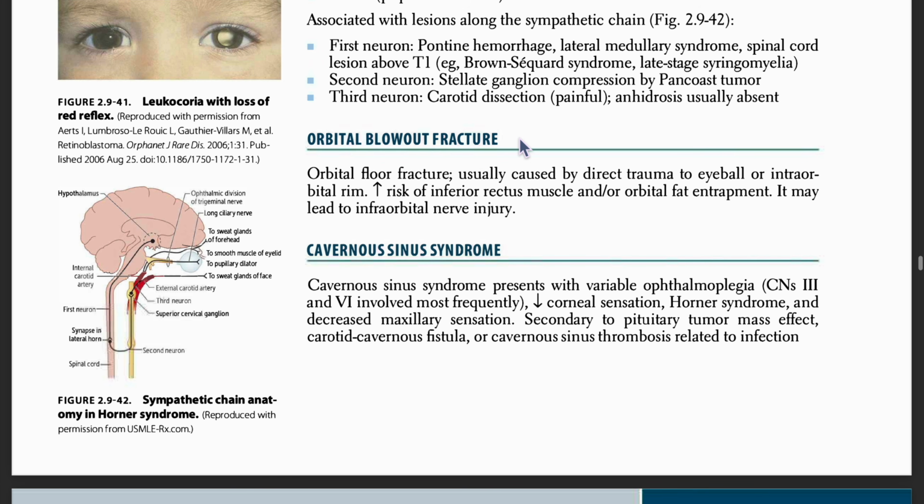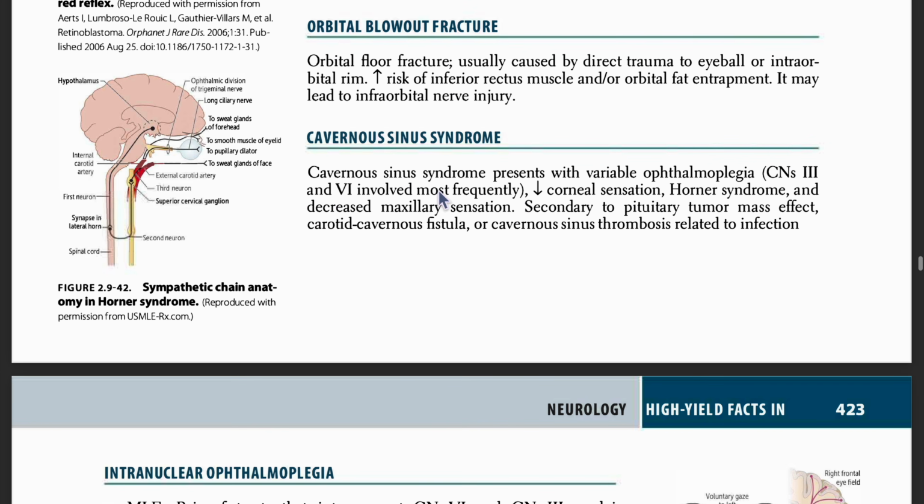Orbital blowout fracture. Orbital floor fracture, usually caused by direct trauma to the eyeball or infraorbital rim, increases risk of inferior rectus muscle and or orbital fat entrapment. It may lead to infraorbital nerve injury. Cavernous sinus syndrome presents with variable ophthalmoplegia.